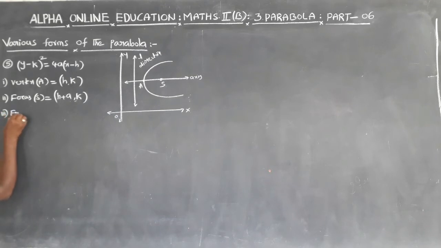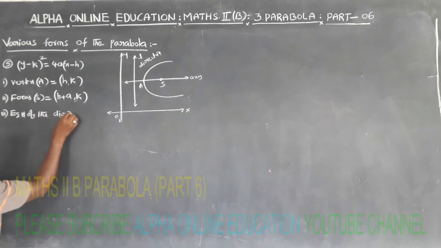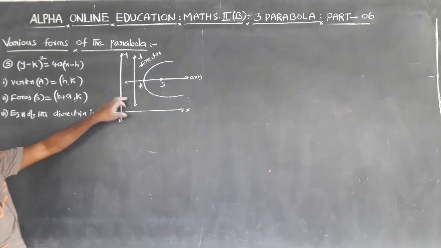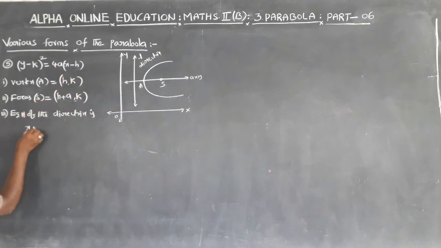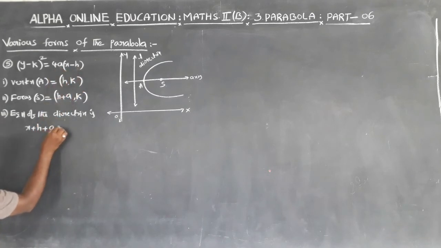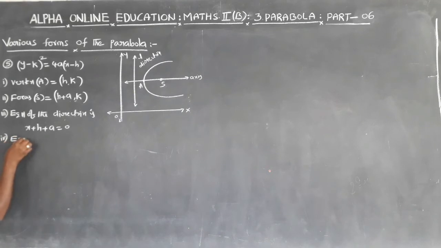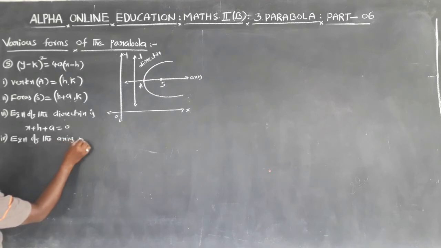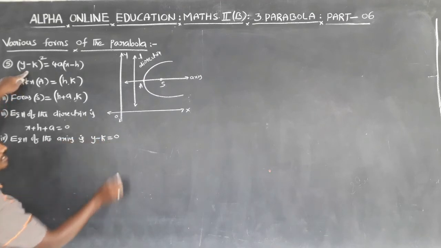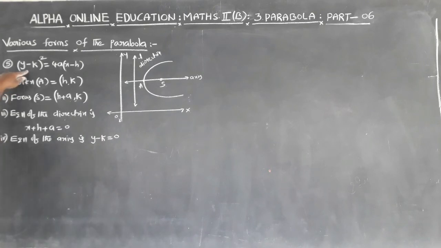Third one is equation of the directrix: x minus h plus a is equal to 0. Fourth one is equation of the axis: y minus k is equal to 0.